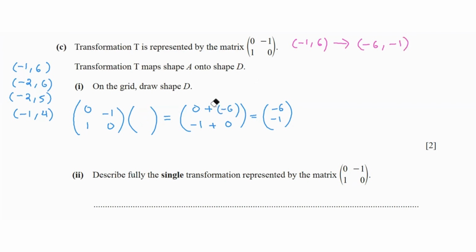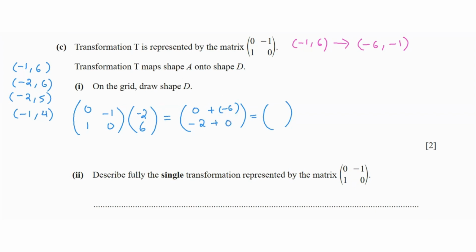Now let's do the next one. So now we have negative 2 and 6. So 0 times negative 2 is 0. Negative 1 times 6 is negative 6. 1 times negative 2 is negative 2. And 0 times 6 is 0.